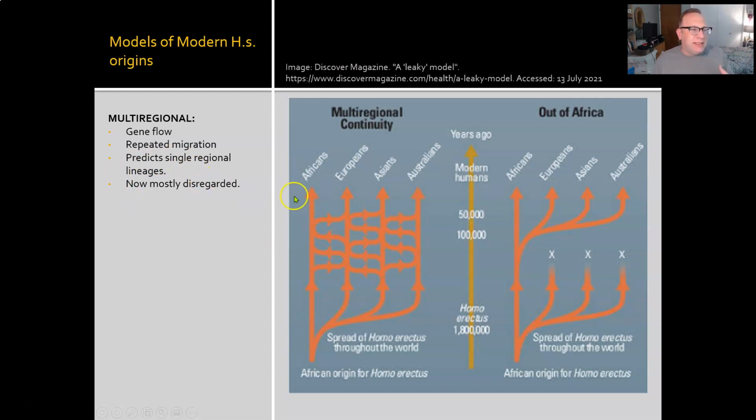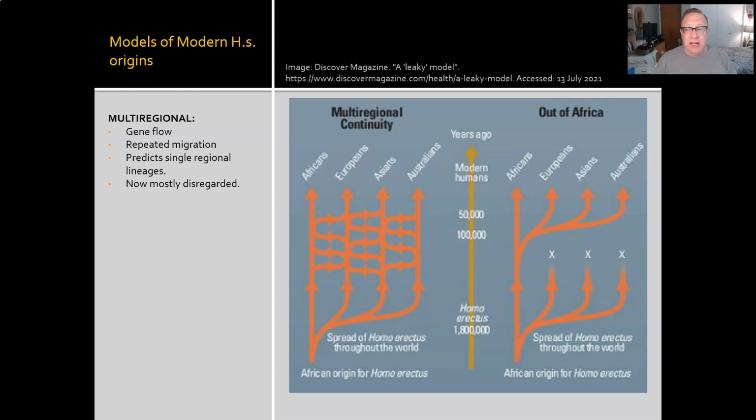It predicts that every region has a single lineage that runs through from Homo erectus to the present day Homo sapiens. For the most part, this doesn't bear out when you look at the fossil evidence, because what we would expect to see are transitional forms in each region between Homo erectus and modern Homo sapiens.